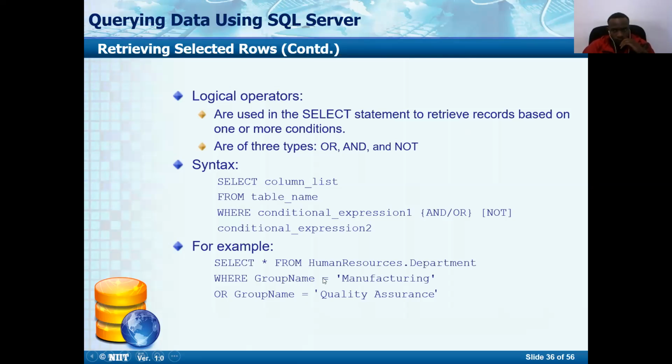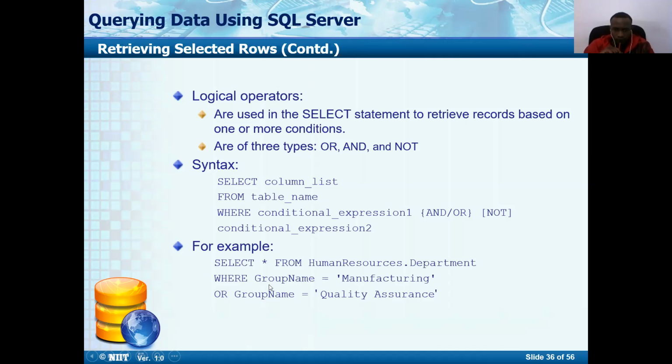For example, you have this query: select all the columns from human resources department where group name is manufacturing. This is one condition. Group name is equal to manufacturing. The second condition is group name is quality assurance.